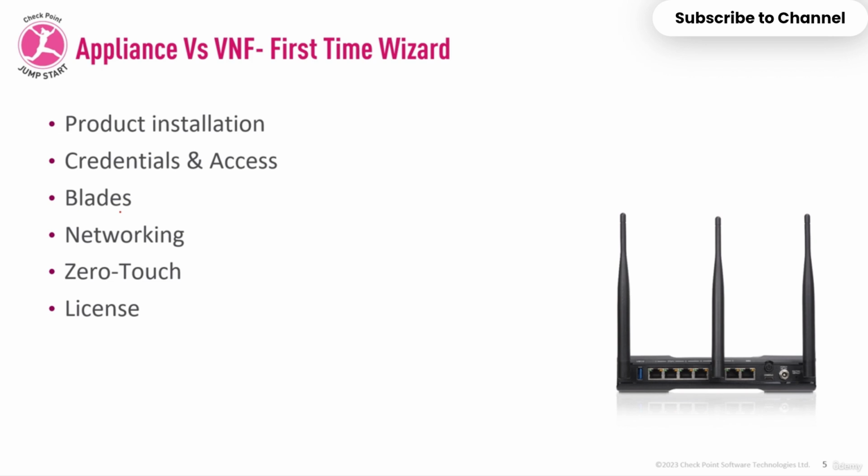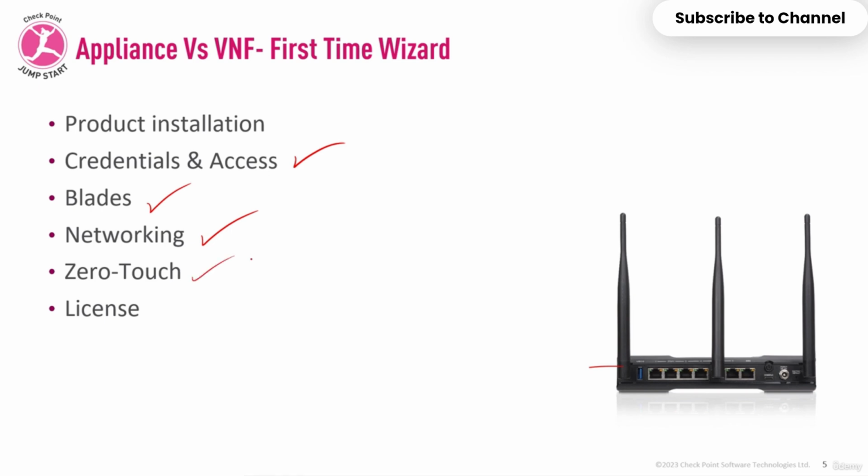This is the product installation, so you'll select if you want to manage this device directly or maybe from a dedicated management server. You'll set up the credentials and access to the device. You'll enable the blades you want to have. Networking settings, for example, if you want to get an IP using DHCP, or maybe you're going to add it statically, and so on.